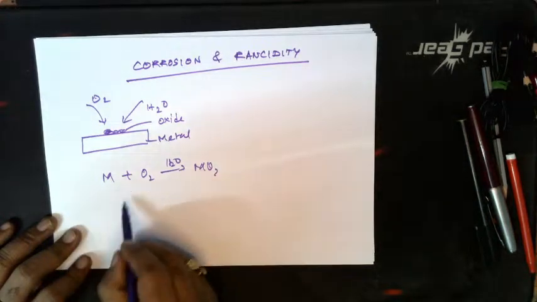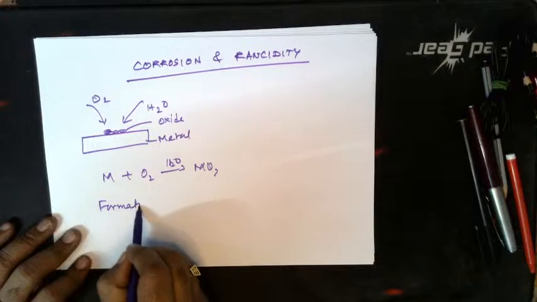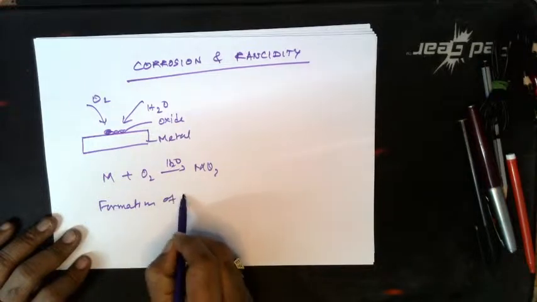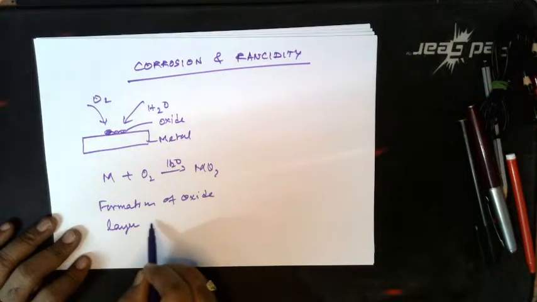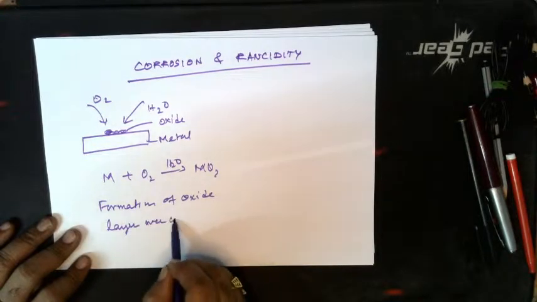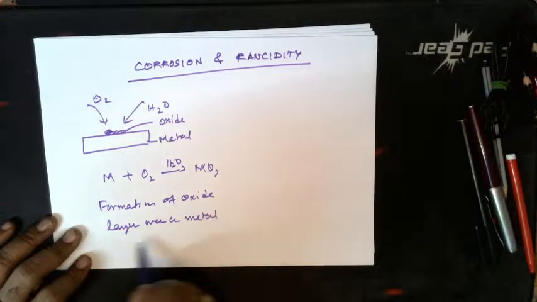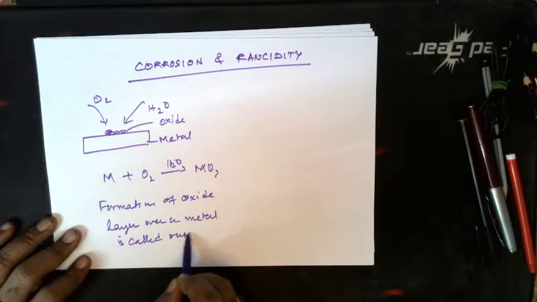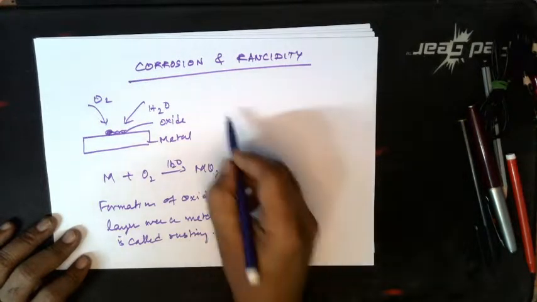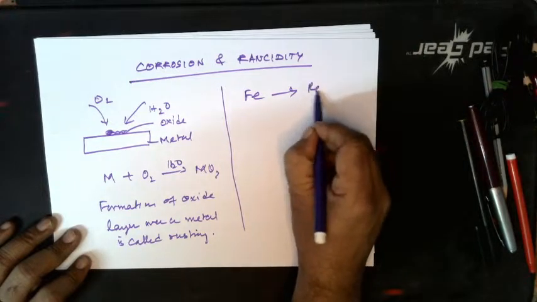So metal in combination with oxygen in the presence of water gives metal oxide. This kind of formation of an oxide layer over a virgin metal is called, what is that? Rusting. In case of iron, it gives red rust.